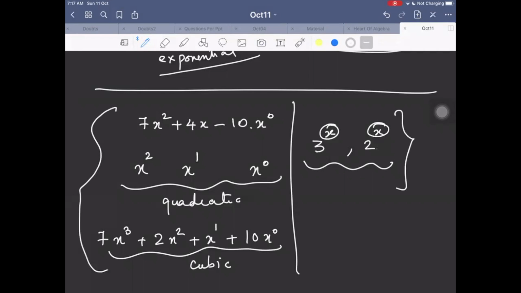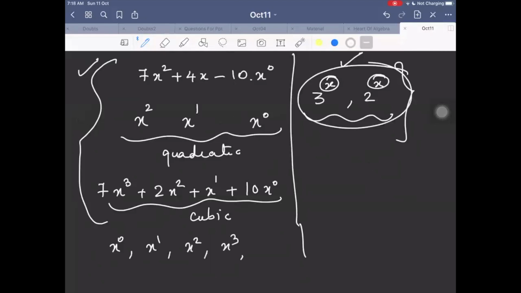We don't have to worry about these for the time being. Here we have combinations of x power 0, x power 1, x square, x cube, etc. Here we have x appearing in the exponent. So that's the difference.